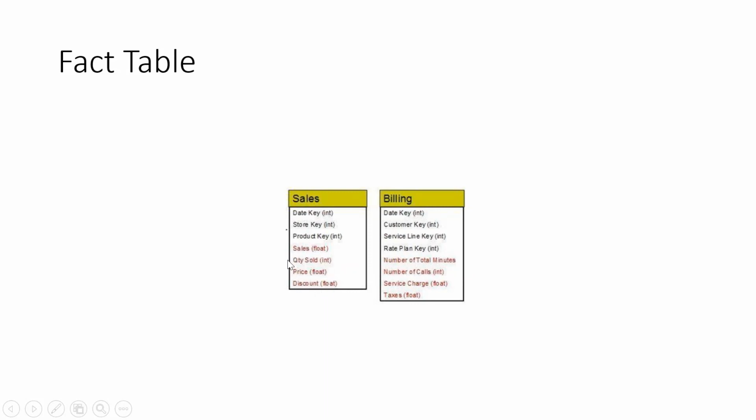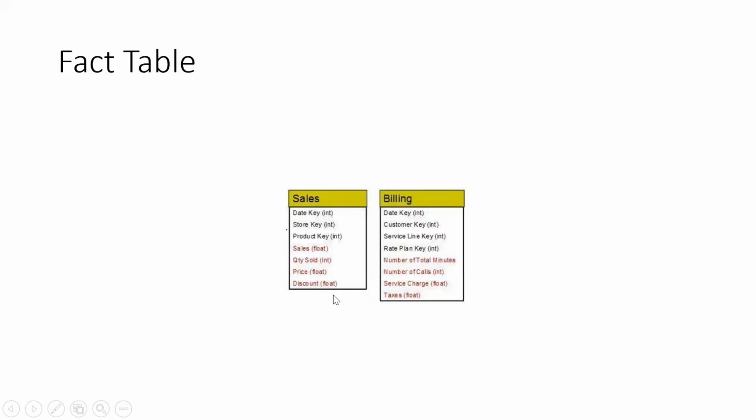But apart from this fact data, we have some other information as well. Those are the primary key of the table as well as foreign keys of other tables. The primary key, foreign key concept is already clear to us. We learned this in the second day session. So a fact table can contain the fact data as well as the foreign keys.